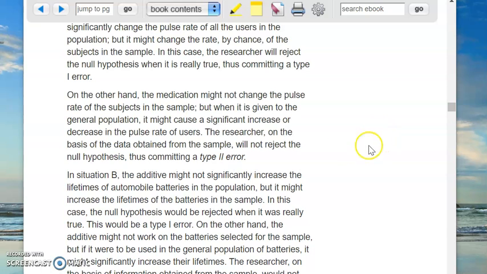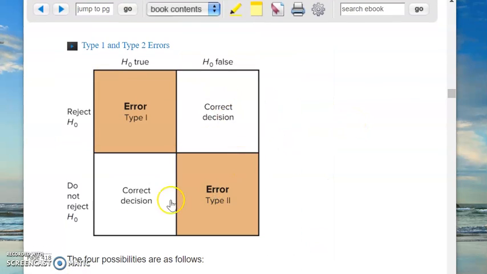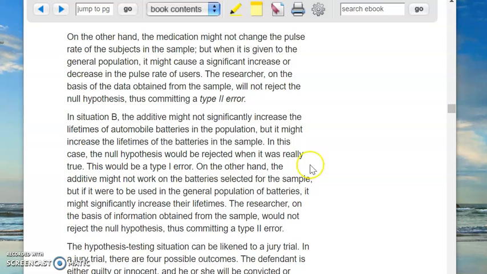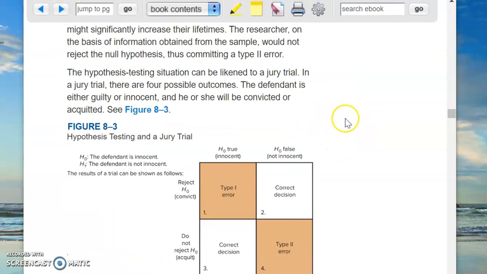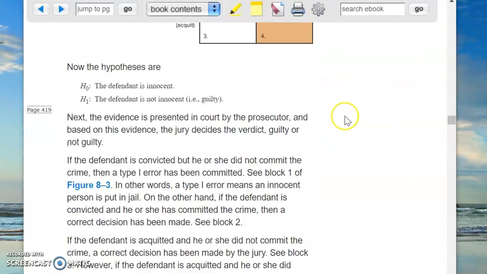So the researcher, on the basis of the data obtained from this sample, will not reject the null hypothesis, a type 2 error. So type 2 error, you did not reject, but the null hypothesis is false. So run a couple of scenarios by in your own mind, and you'll be able to get this distinguished, okay? It's a little bit confusing when you first see it. So take a look at all these different examples, and I believe that it'll make more sense, okay?